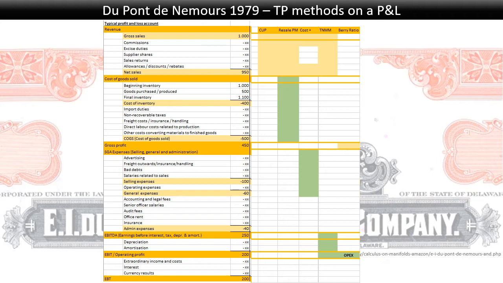And the reason why it does this is because Berry said, you know what, you're providing a service and I don't care what you sell, how much that costs. What you're doing is you're selling stuff. You're not making stuff. So I'm not interested in the COGS. I'm interested in how much it costs you to do the sales.